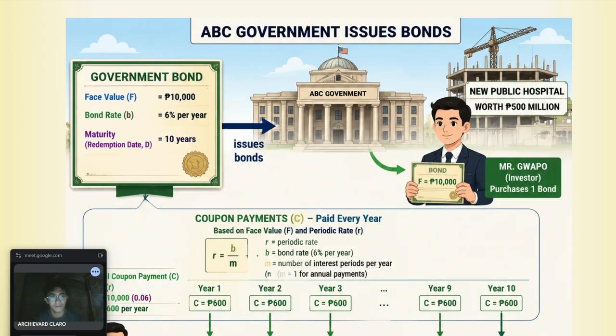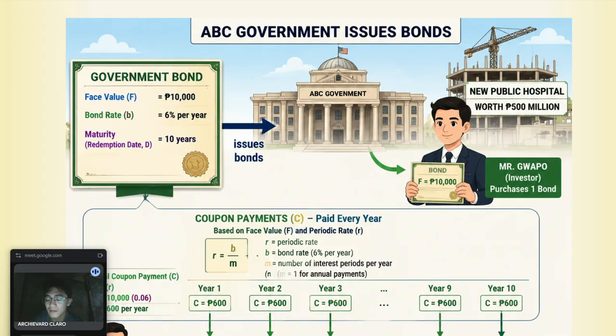Now, Mr. Guapo is an investor. He purchased one bond. Now, dito papasok yung concept ng bond. Since si Mr. Guapo wants to earn because he is an investor, he will buy one bond. And paano siya magkakaroon ng income?